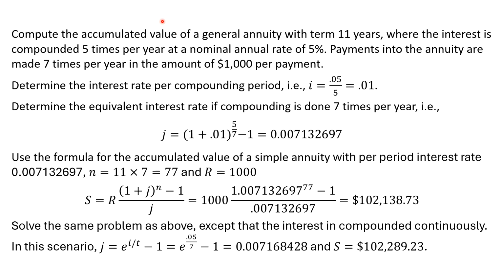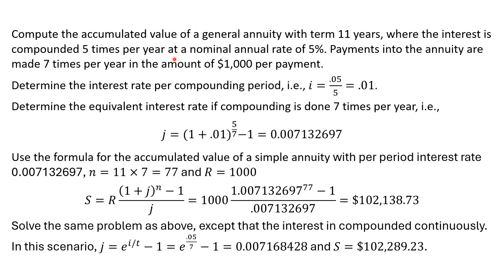I have an example here. I'll compute the accumulated value of a general annuity with term 11 years, where the interest is compounded 5 times per year at a nominal annual rate of 5%, but the payments into the annuity are made 7 times per year in the amount of $1,000.